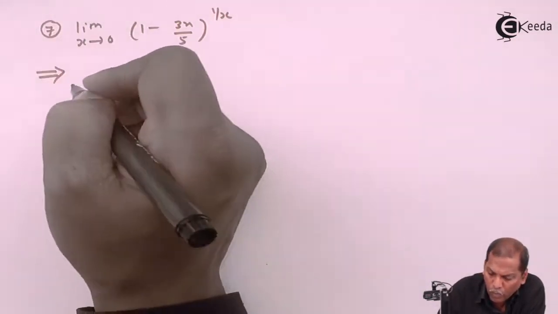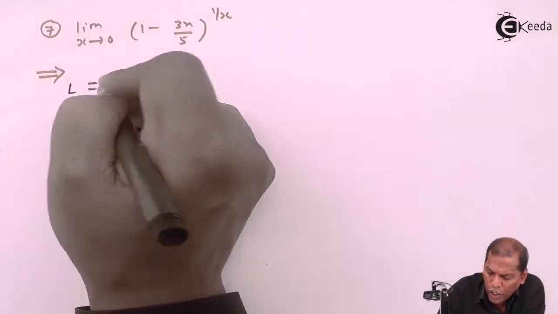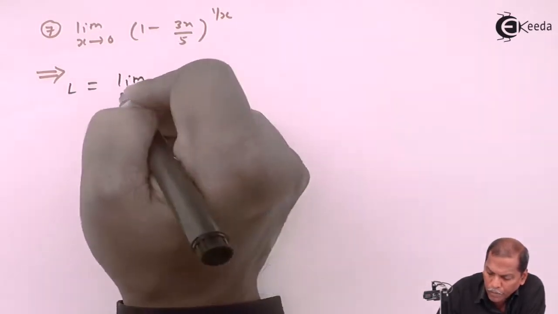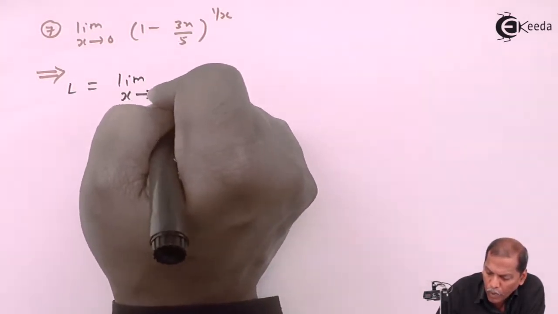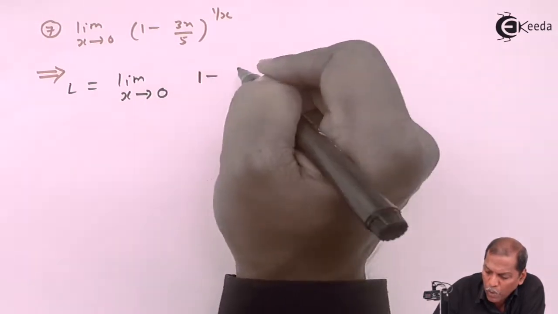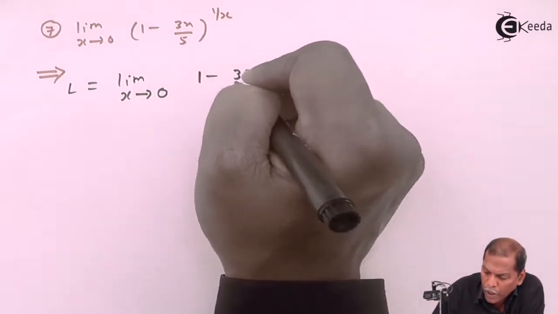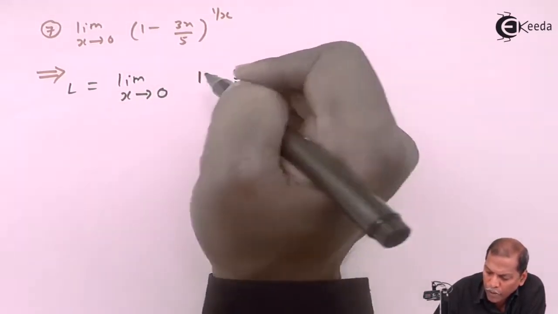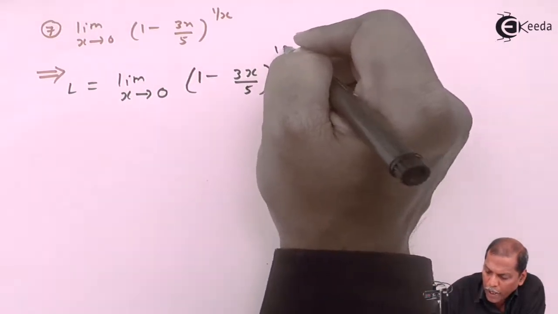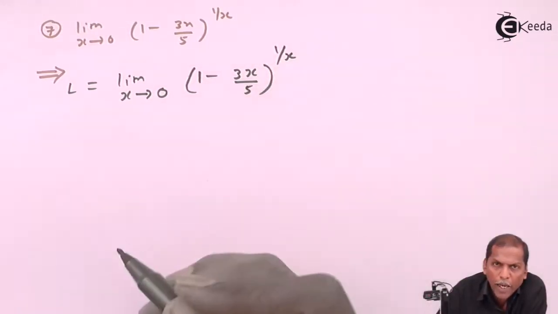Solution. First of all, L is equal to limit x tends to 0 of (1 minus 3x upon 5) whole bracket raised to 1 by x.